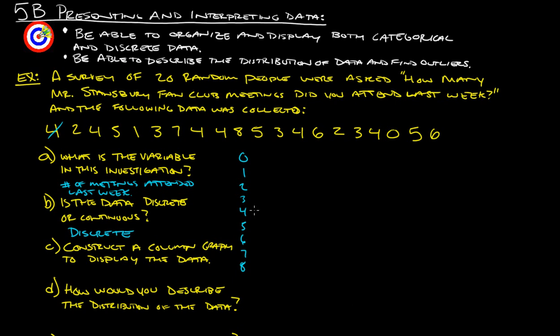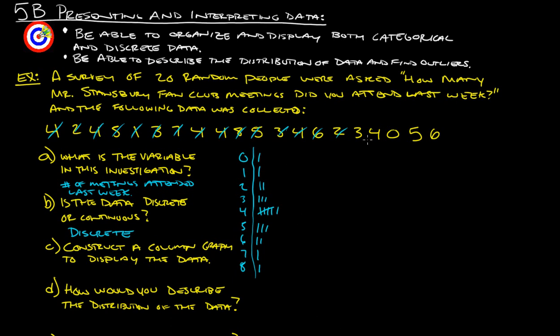As I tally them, I'm going to cross them off to make sure I get it all done. So 4 gets a tally mark, and then another, and I'm going to keep going here.